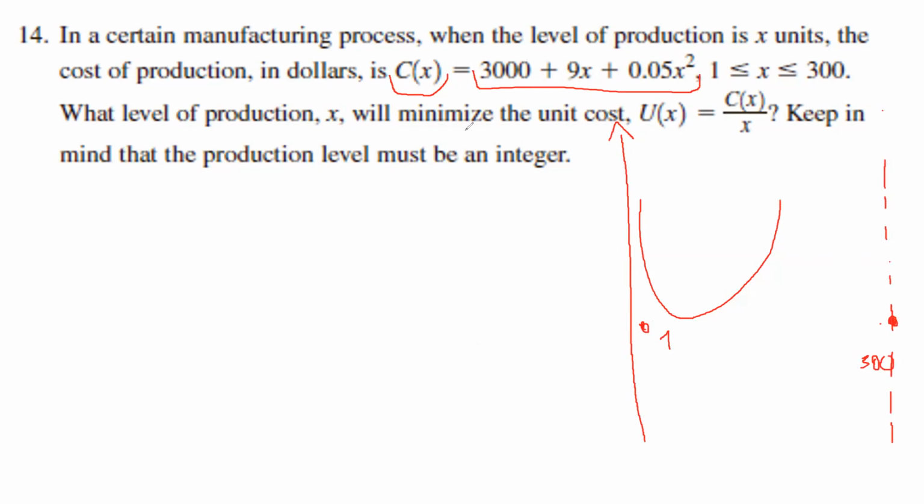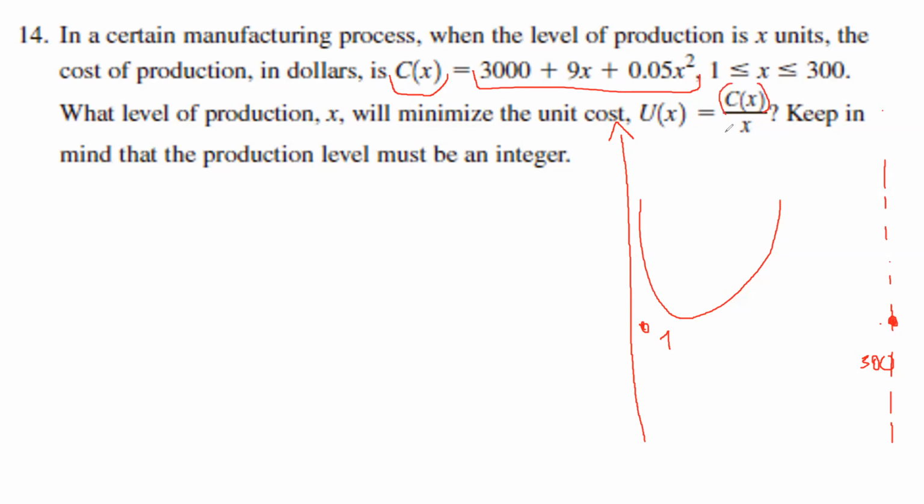What level of production X will minimize the unit cost? So how do we minimize the unit cost? To make unit cost smaller, we need to make the price smaller and the amount of produced items bigger, right? But we need to have the cost per unit as small as possible.